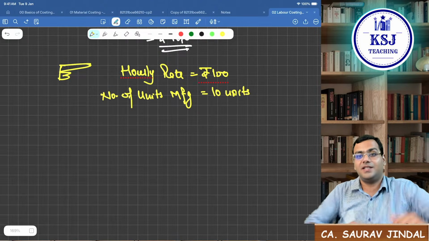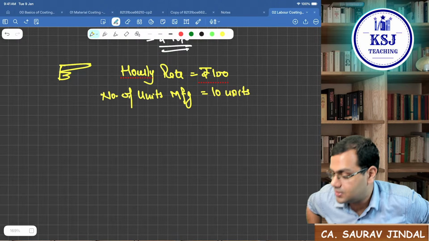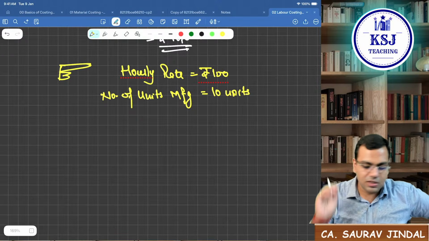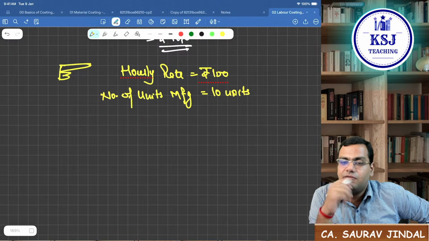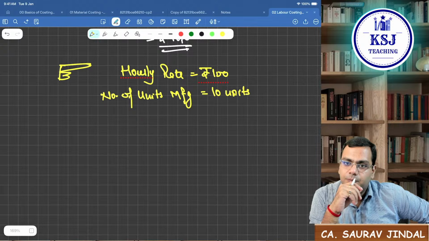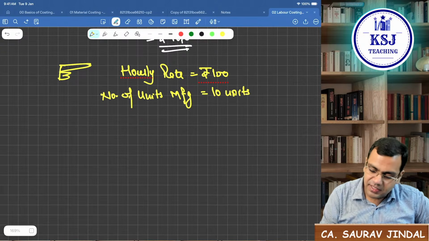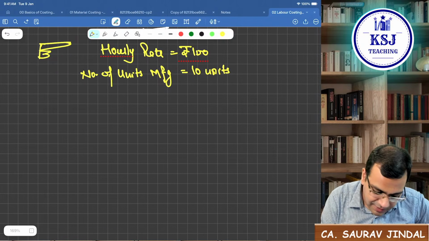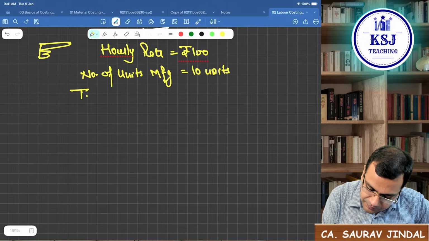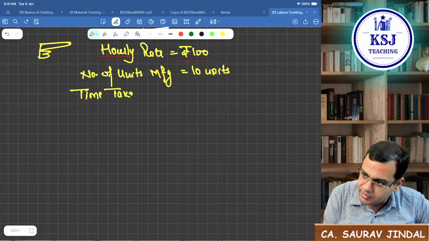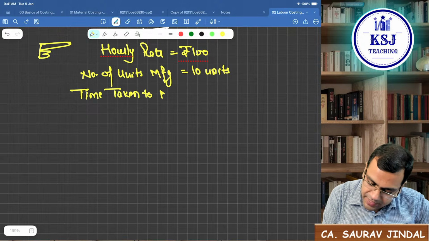Now calculate piece rate. How will you calculate piece rate in this case? Sir, not possible, sir. Don't joke. In this case, one more information will be given to you. That information will be time taken. They will give you the information on time taken to manufacture.